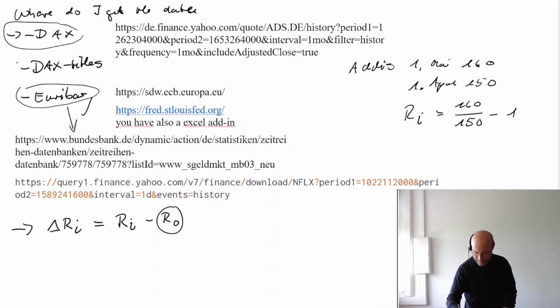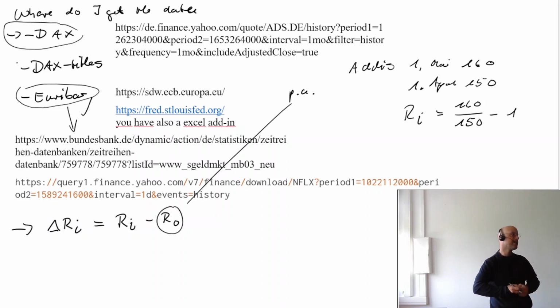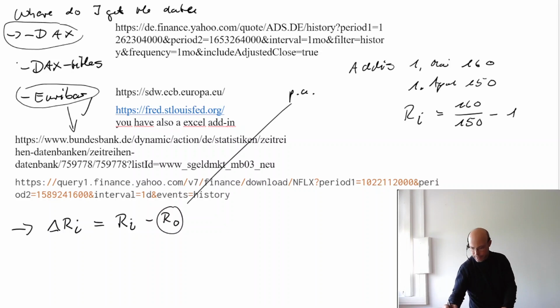Then this interest rate, your data you have downloaded, was per annum, so yearly data. But since we have really low interest, or we have small, in absolute value, negative interest rates, you are allowed just to divide the yearly interest rate by 12 to obtain a monthly interest rate. So this one, then Euribor data, has to be divided by 12.